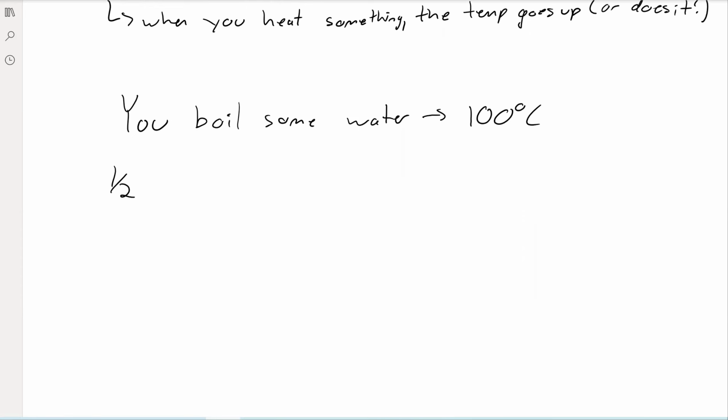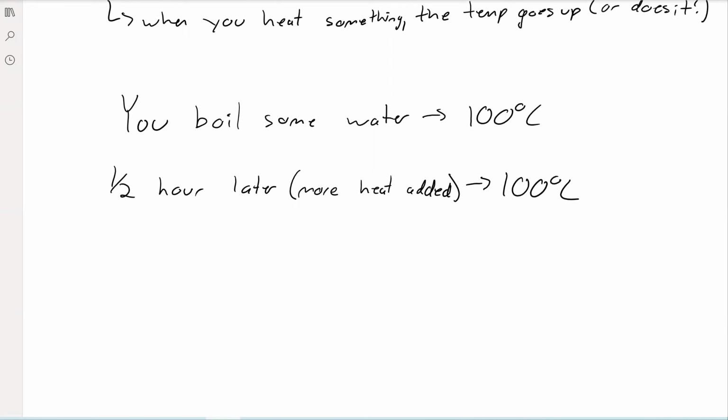Then you leave it there for, let's say, half an hour, with the stove on, so you're adding more heat. You take the temperature of that boiling water, and what you'll find is that the temperature is still 100 degrees Celsius. So it was 100 degrees Celsius, you added more energy into the system, and it's still 100 degrees Celsius.